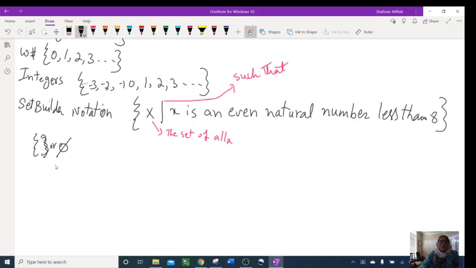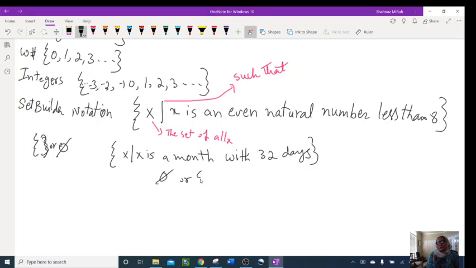For example, I have the set of all x such that x is a month with 32 days, and you know that the set is going to be the empty set. Why? Because no month has 32 days. So you can use either of these notations.